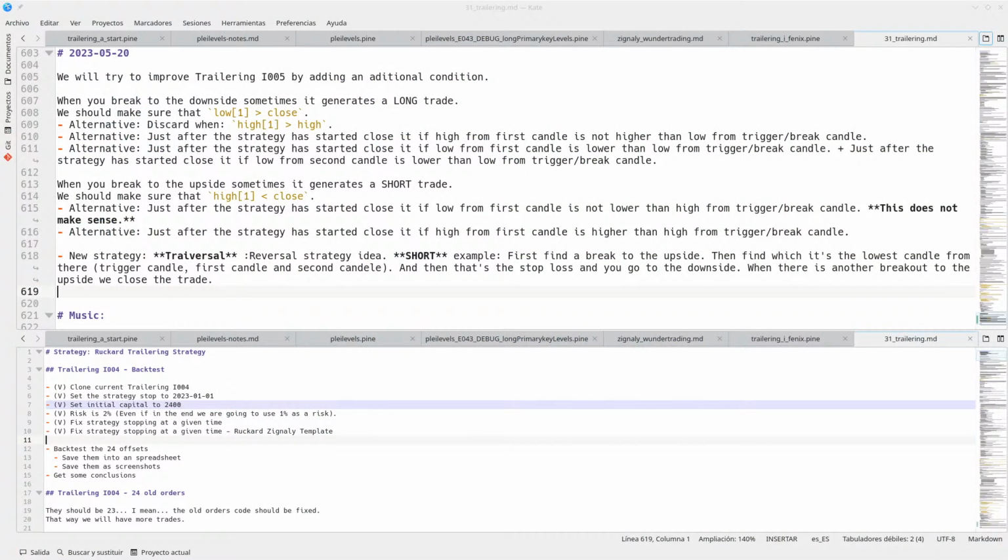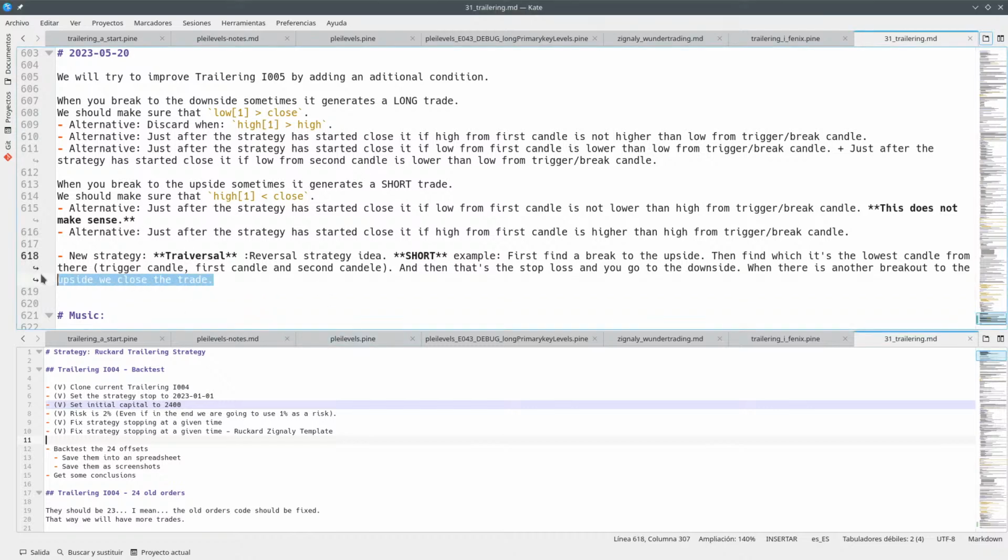Okay, so I'm back. So as I was saying, I'm going to reuse this stream for this reversal strategy, which I'm going to name traversal.